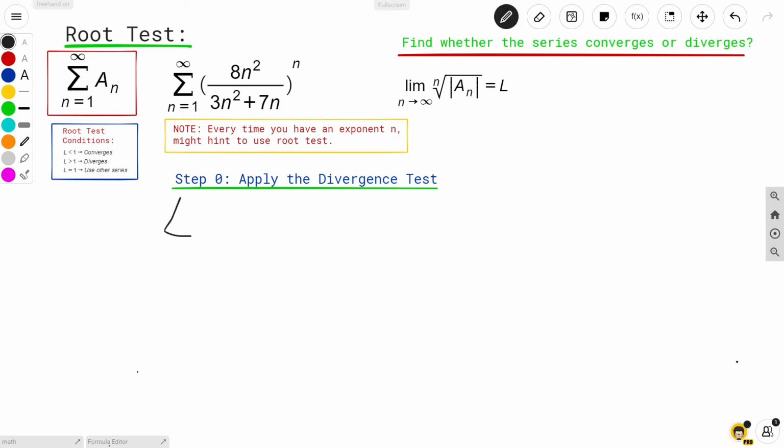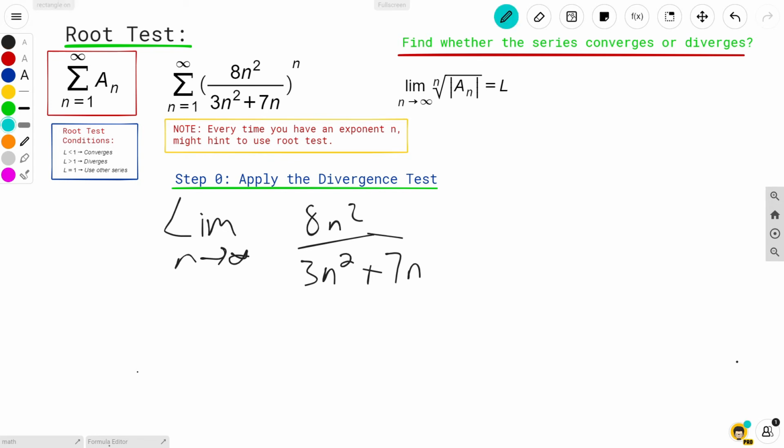We just take the limit as n goes to infinity of the function 8n squared over 3n squared plus 7n. And in doing so, we apply L'Hopital's rule a couple times, but what we're going to end up with as our final answer is basically just this ratio right here of 8/3.